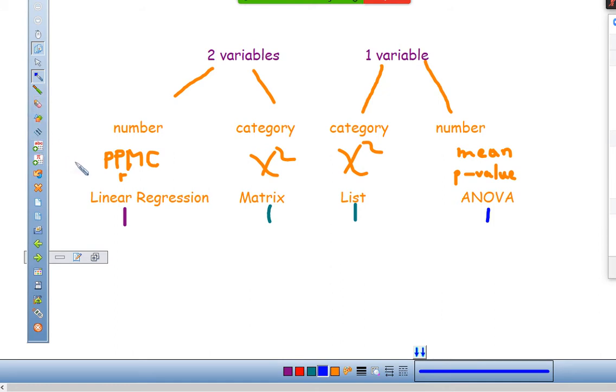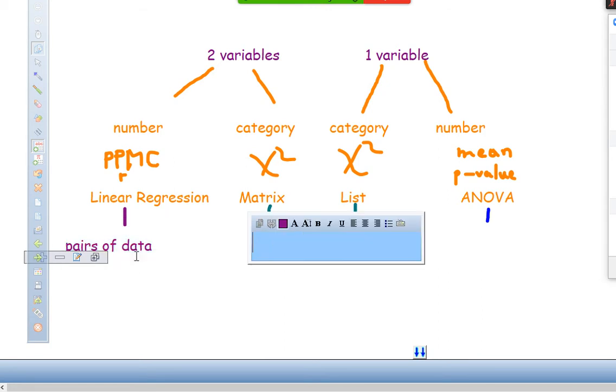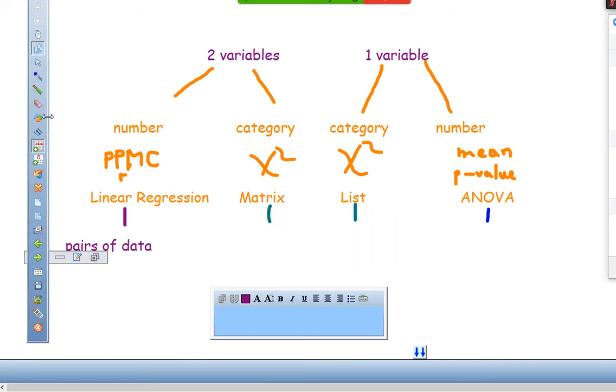When you're gonna have words, numbers. Sorry, I've kind of gotten far afield here. So linear regression, you're gonna have pairs of data. That's kind of your hint for that one. For these guys, obviously, a matrix will be a matrix.